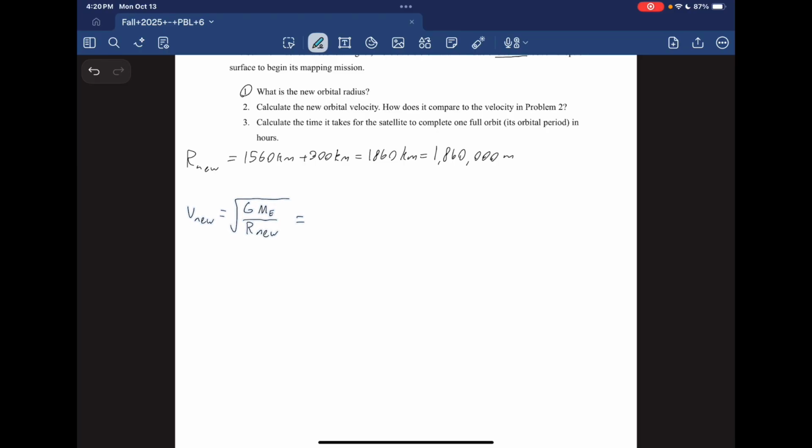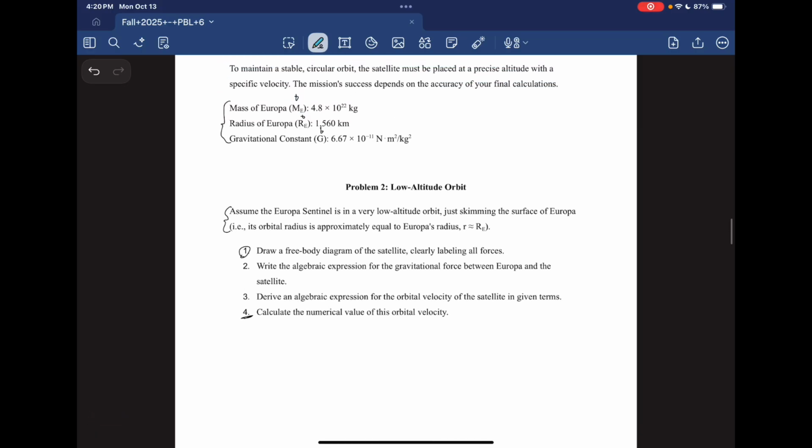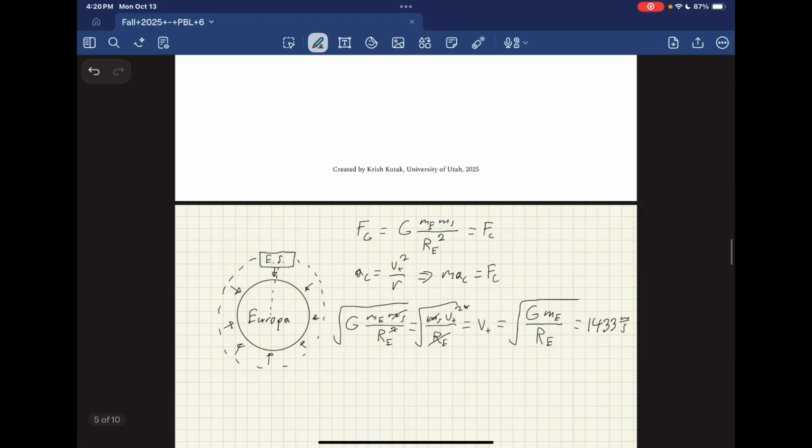And if you plug this into the calculator, you get 1312 meters per second. And if you're following along, you can come up here and pause to see the mass of Europa here and the gravitational constant here, which you would plug in as is, since they're in terms of kilograms and Newton meters and kilograms. So you don't need to do any unit conversions there.